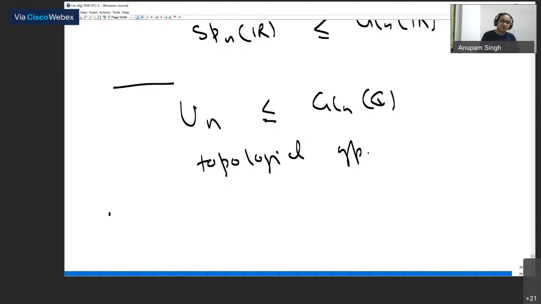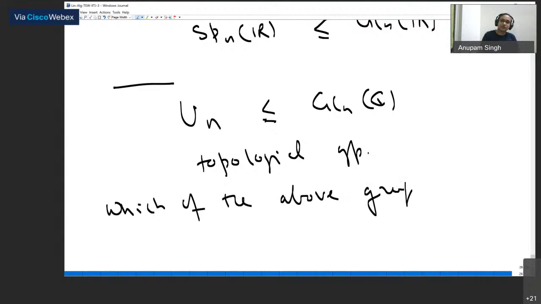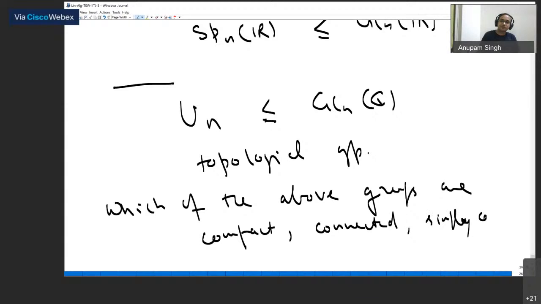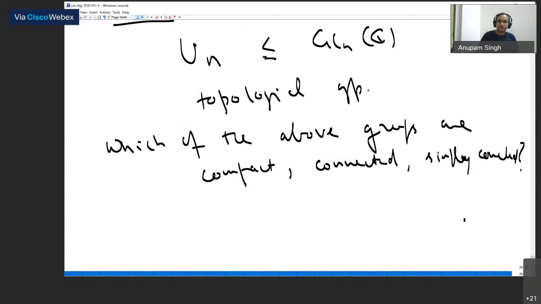As an exercise, one can try to determine which of the above groups are compact, or connected, or simply connected. If you're interested, you can think about these kinds of questions for these groups.